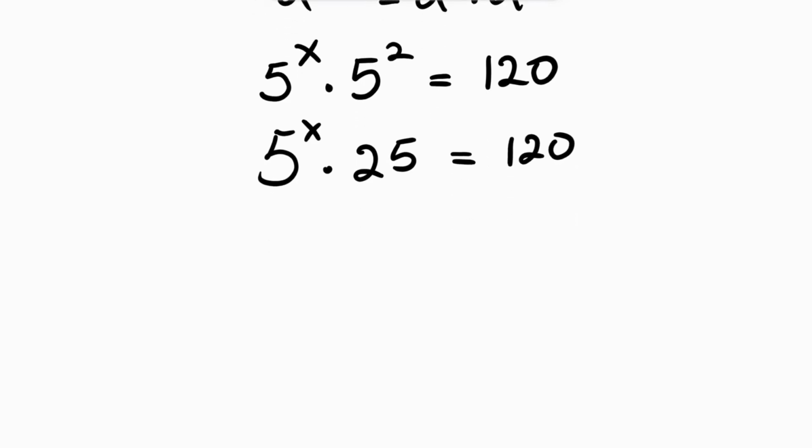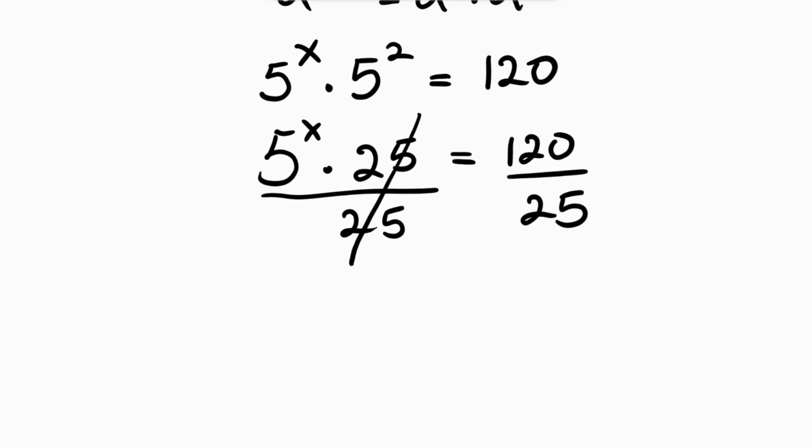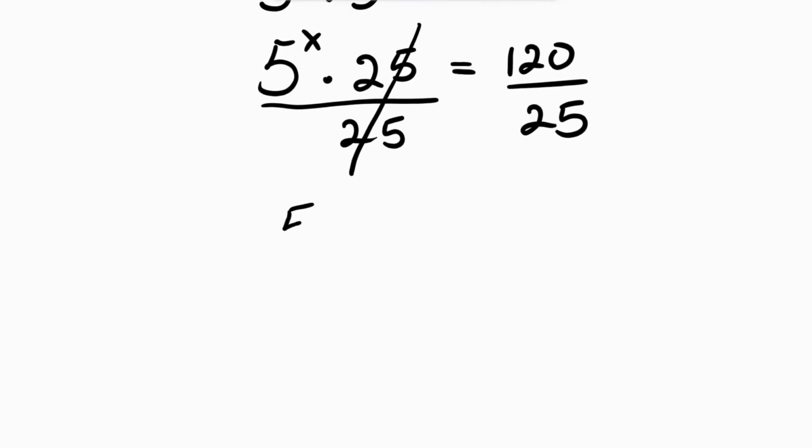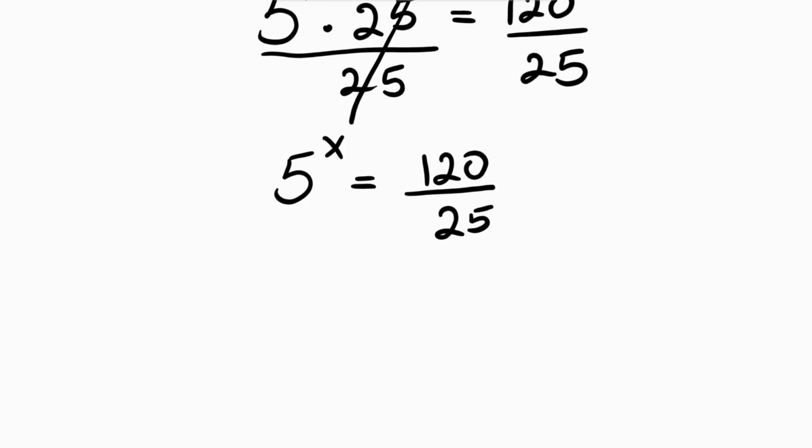Next we can just divide both sides by 25. We divide through by 25. 25 cancels out. So we have 5 raised to the power x equals 120 divided by 25.